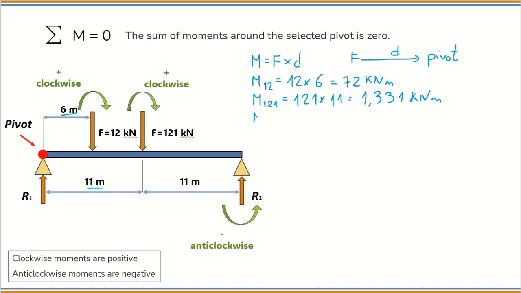And the moment of the reaction force 2 equals the force, which is the reaction force R2, we still don't know its value, times the distance between the force and the pivot, which is 22. This is 22 R2 kilonewtons meter.